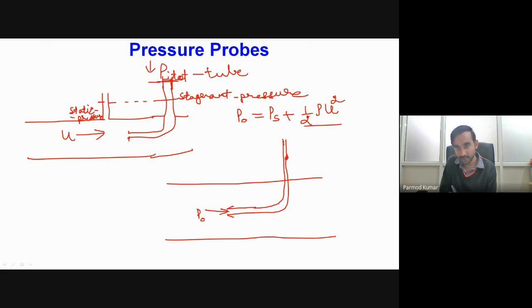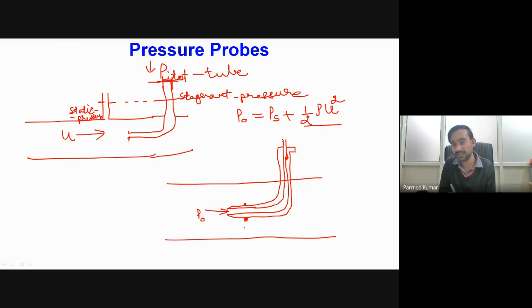Then we have one annular tube outside this central tube. In this annular tube, we have some holes provided in a direction normal to the direction of the flow.